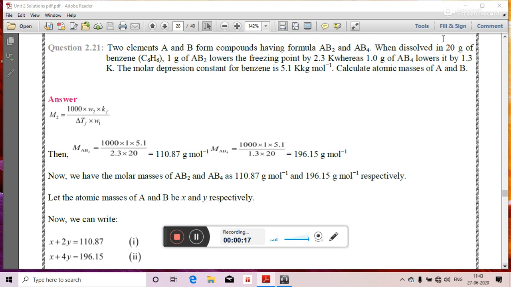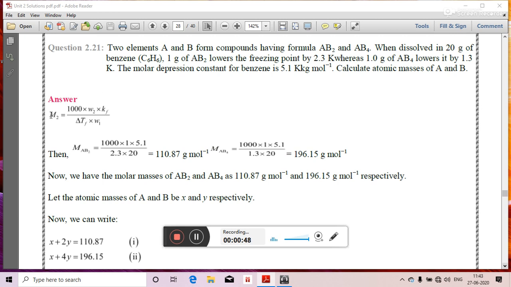When dissolved in 20 gram of benzene, that is C6H6, 1 gram of AB2 lowers the freezing point by 2.3 Kelvin, whereas 1 gram of AB4 lowers it by 1.3 Kelvin. The molar depression constant for benzene is 5.1 Kelvin kilogram per mole. Calculate atomic masses of A and B.